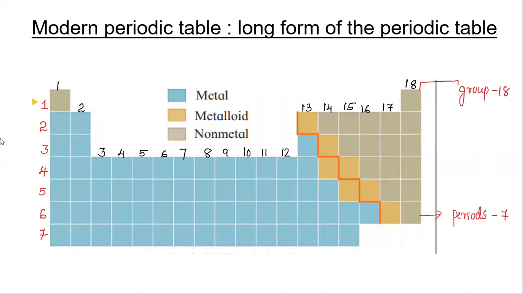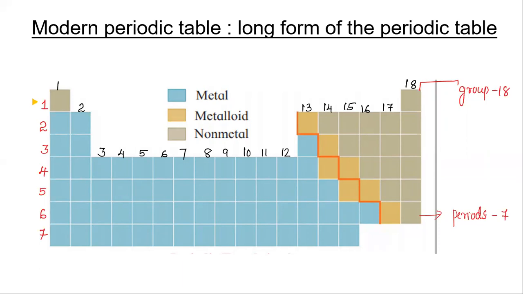That means the three traditional types of elements can be clearly shown in the modern periodic table with the help of this zigzag line. Is that clear? Left of the zigzag line are metals, right are non-metals, and along the border are metalloids.